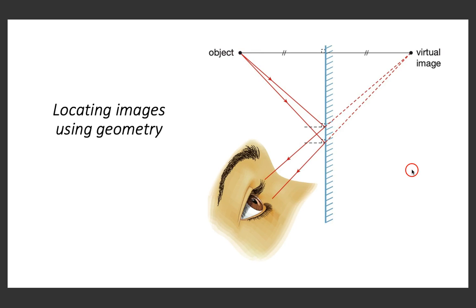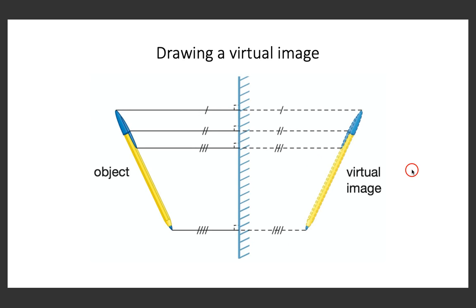This is quite simple if our object is simply a point like this, but let's see how it works if we're dealing with an object like a pen. So this is our object, and we want to know what the image is going to look like, where this virtual image is going to be located in the mirror. Again, it's pretty simple. You just look at how far away different parts of this object are from the mirror, and then the virtual image is an equal distance away on the other side, behind the mirror.